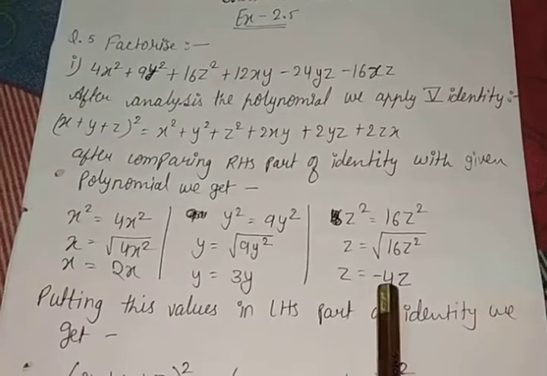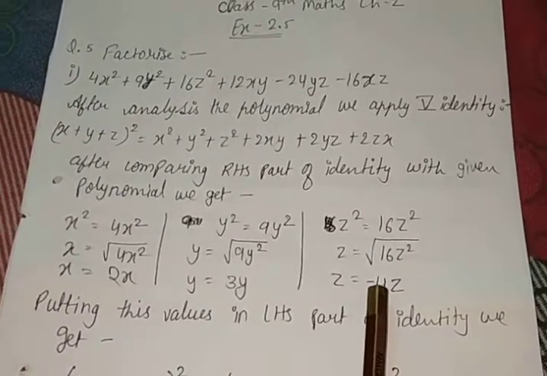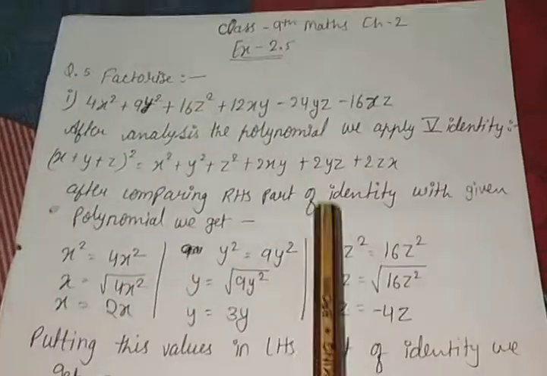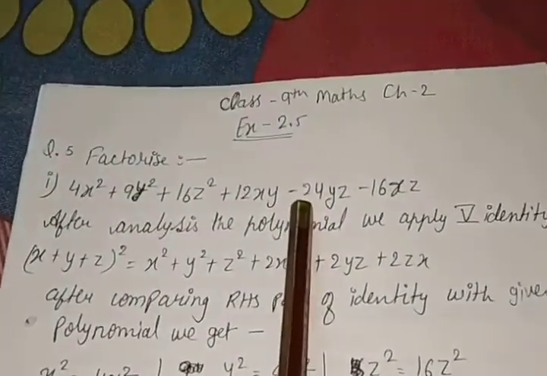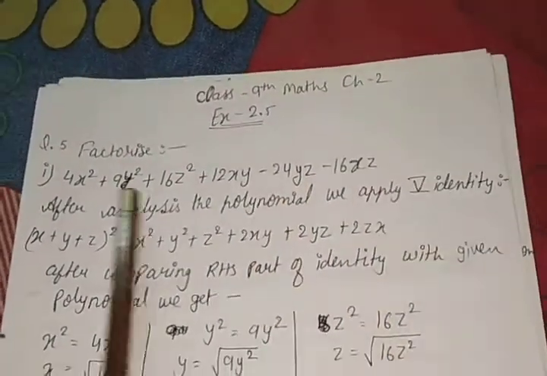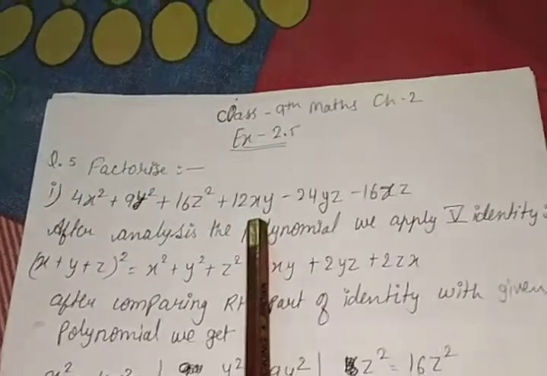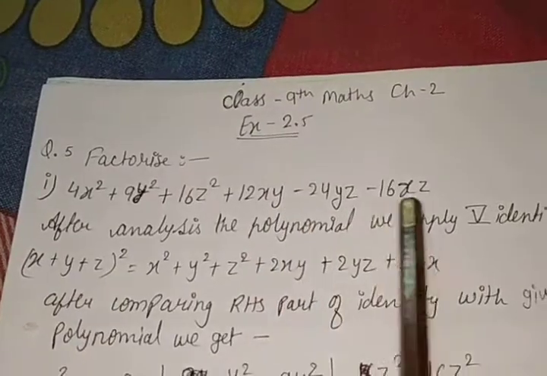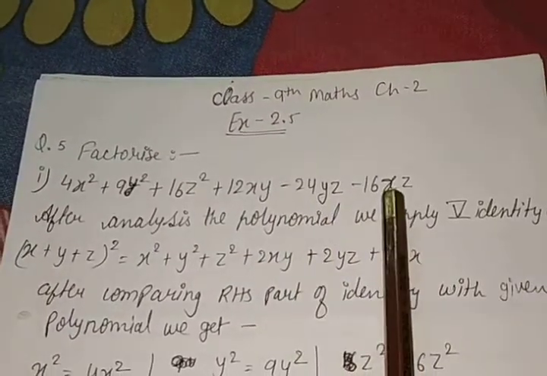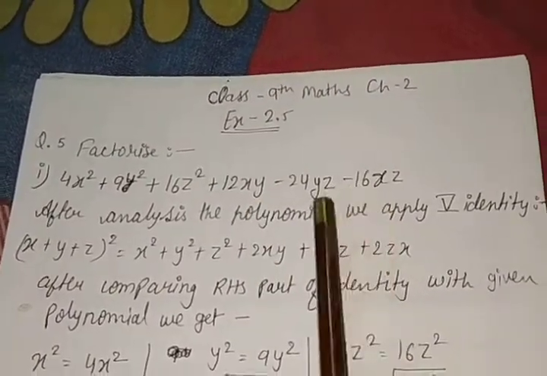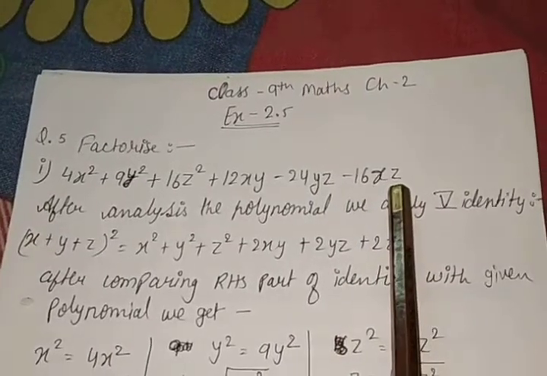We just put the negative sign in front of 4z because when we see our given polynomial and analyze it, we see that these two terms have a negative sign and z is a common factor in both the terms.